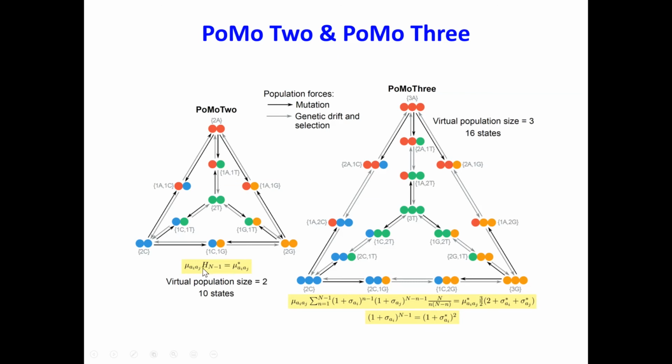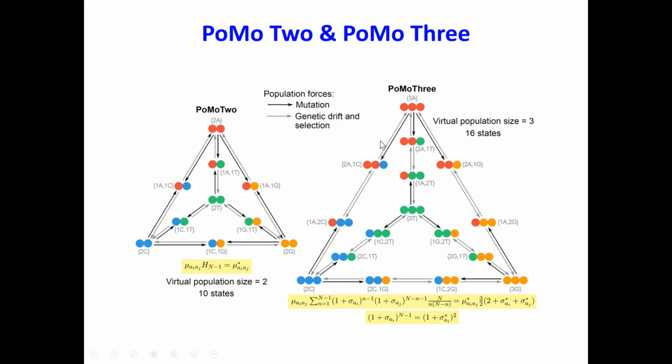With two states, you can do this. The relationship to larger population sizes than this virtual POMO2 would be just using the harmonic number here.